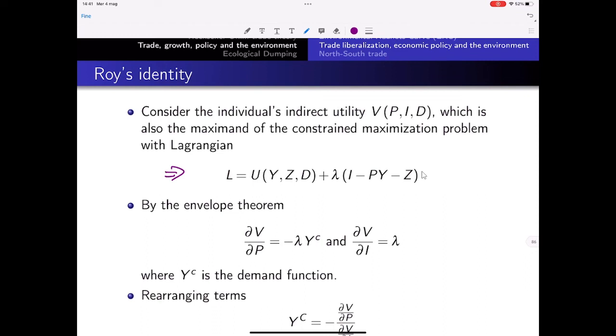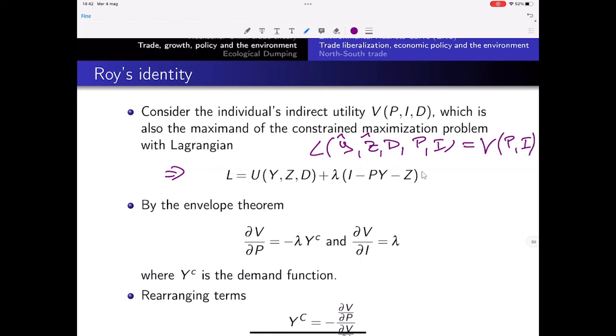In particular, we have that if you consider here L as a function of y, z, and D, which also clearly depends on parameters P and I, and evaluate it at the optimal value, then this is exactly my V of P and I, my indirect utility.